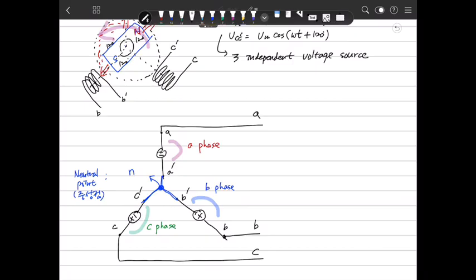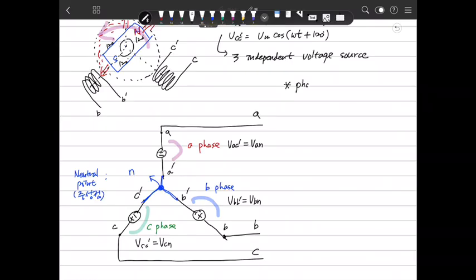So instead of VA prime, we can do VAN, and this is VB prime is VBN. So VCC prime is VCN. So we call this as VAN.